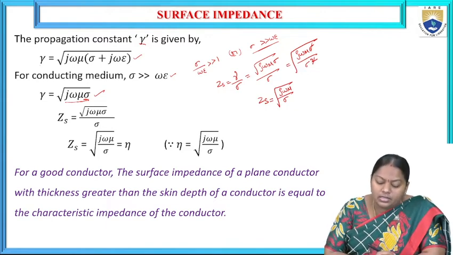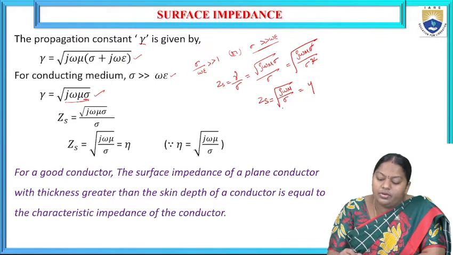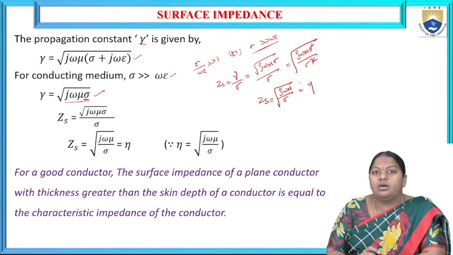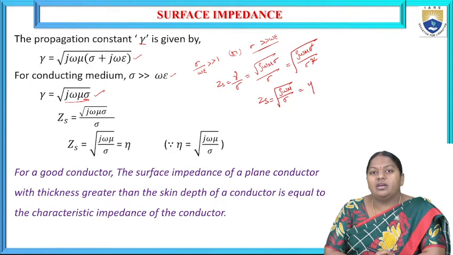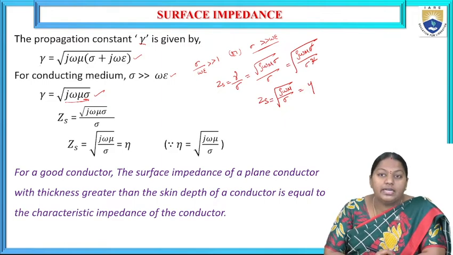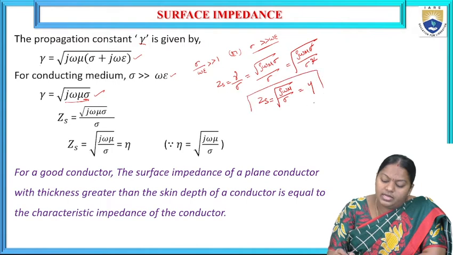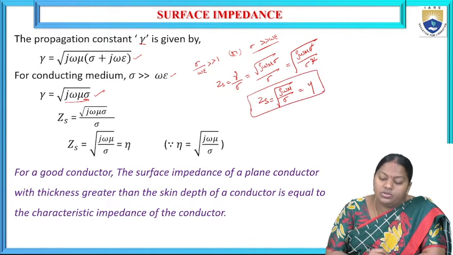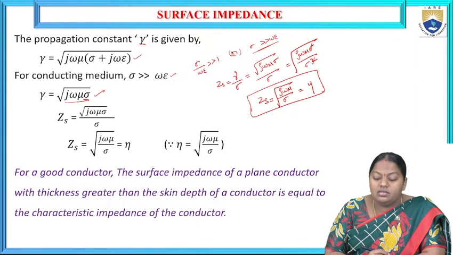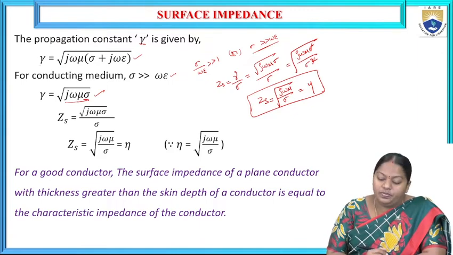So for a good conductor, the intrinsic impedance eta is given by root over j omega mu by sigma, according to the propagation characteristics of a good conducting medium, right? So from this relation we can say that the surface impedance of the good conducting medium is similar to the intrinsic impedance of the good conducting medium, right?